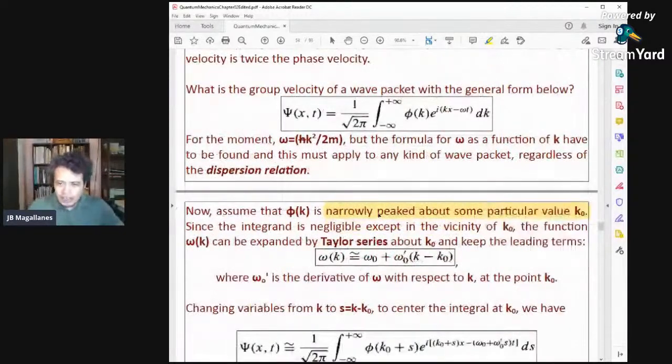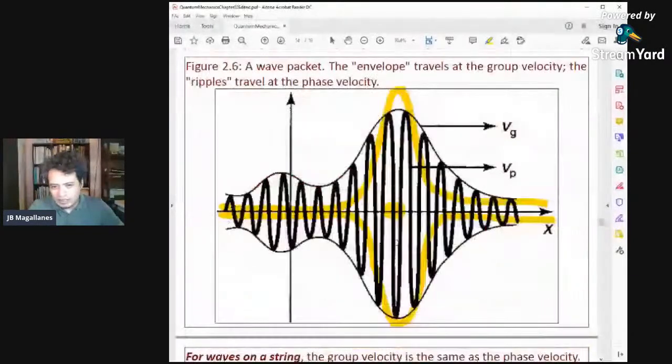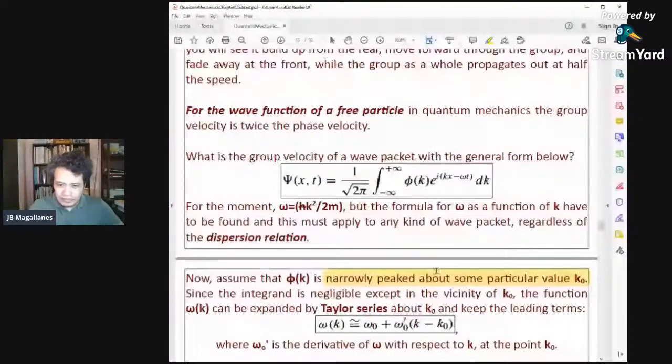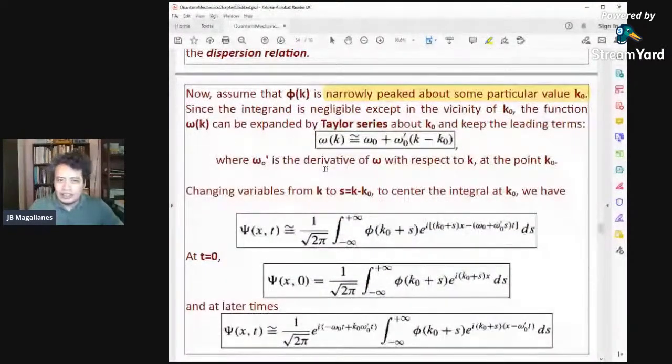So if it's narrowly peaked, we can write the omega of k.